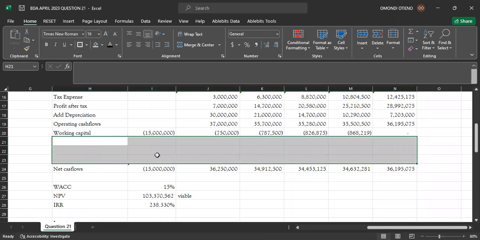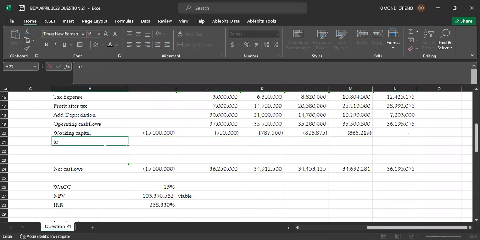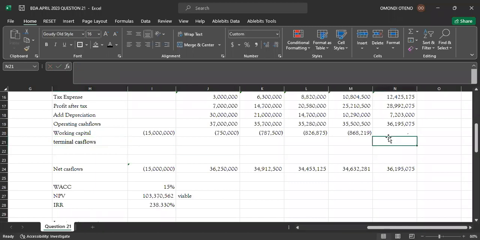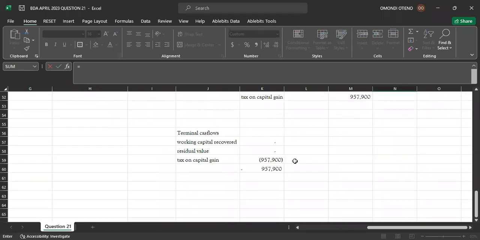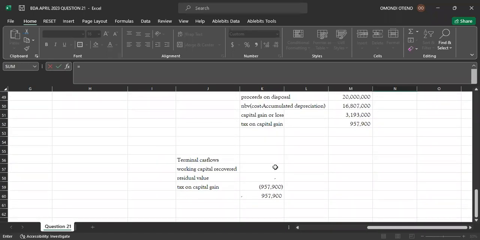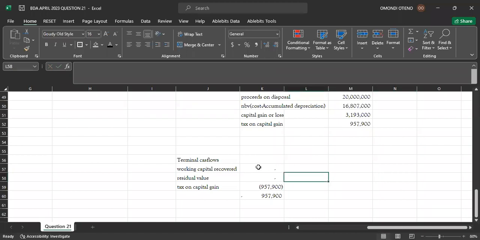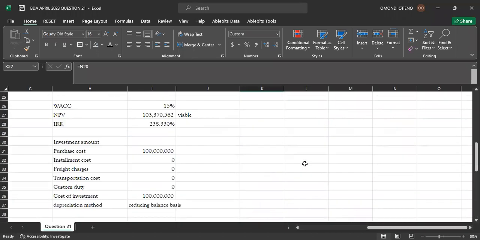And then we just use a simple term, terminal cash flows. Terminal cash flows are coming in year 5, the last year of the project. We've calculated all of them and we have the figure down here. Sorry, we are referring to the ones that were given up there. So we add the summation of these ones here.